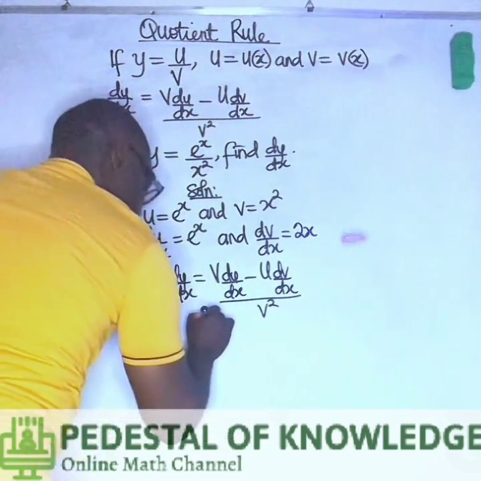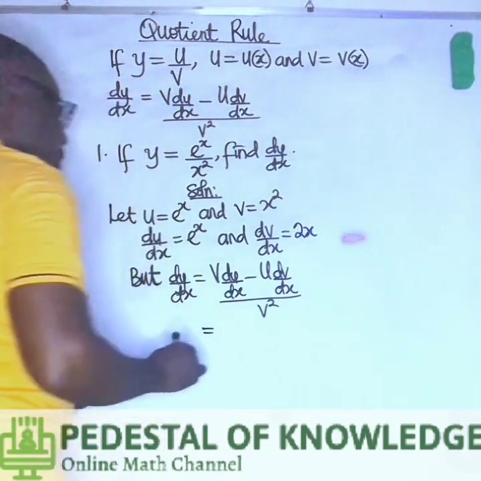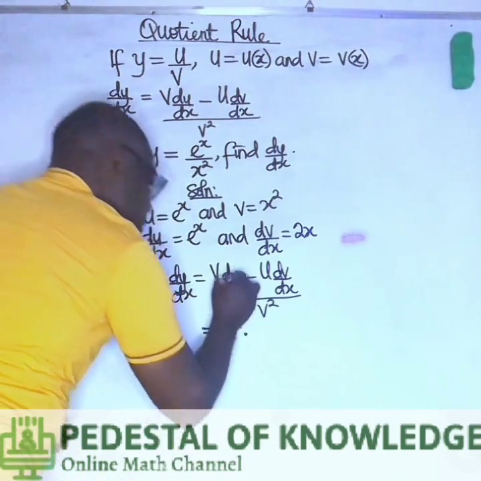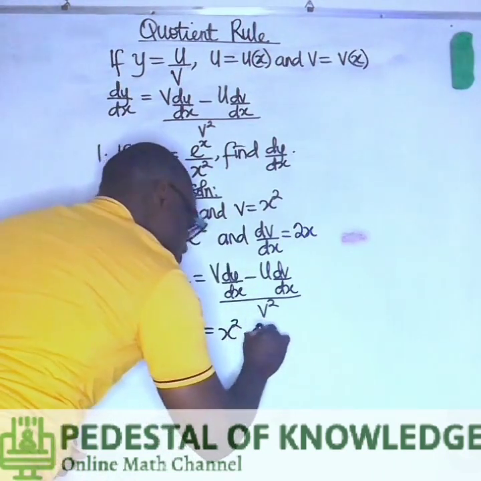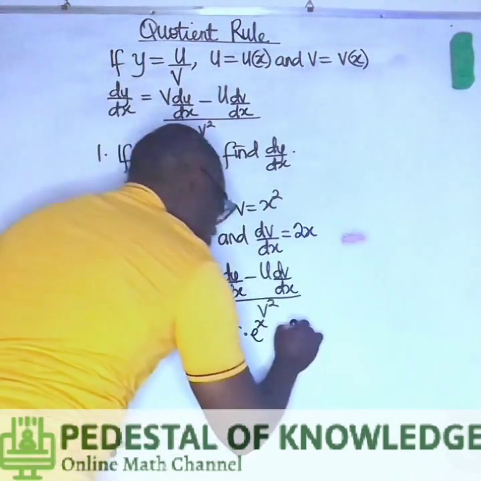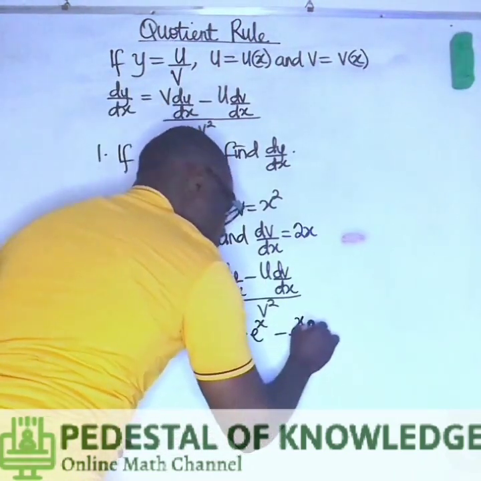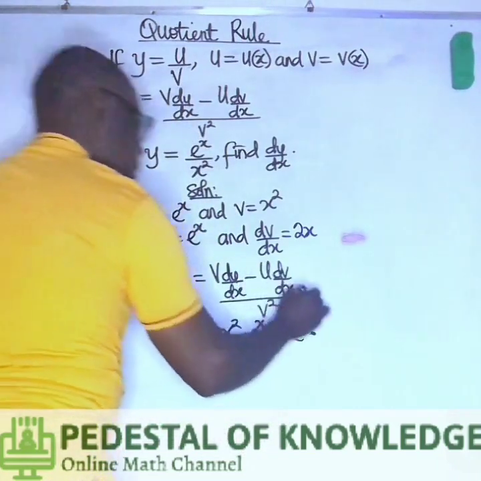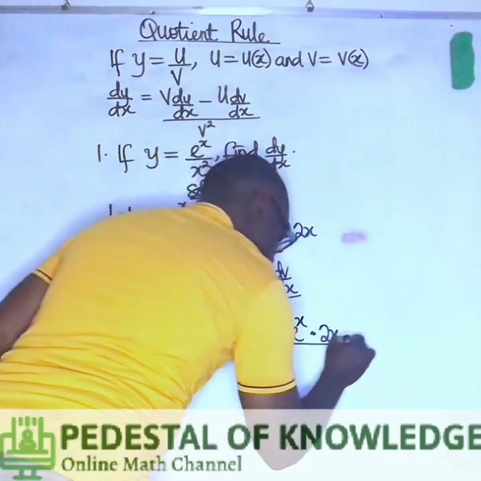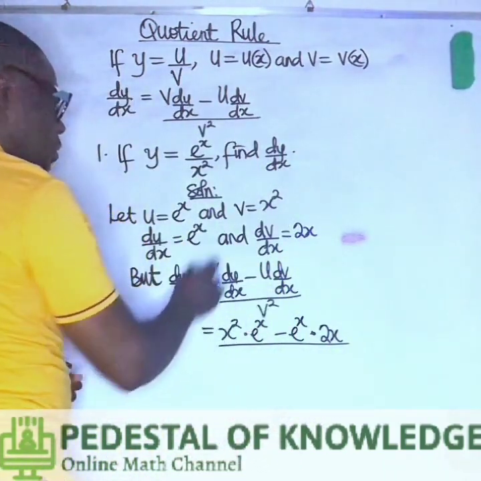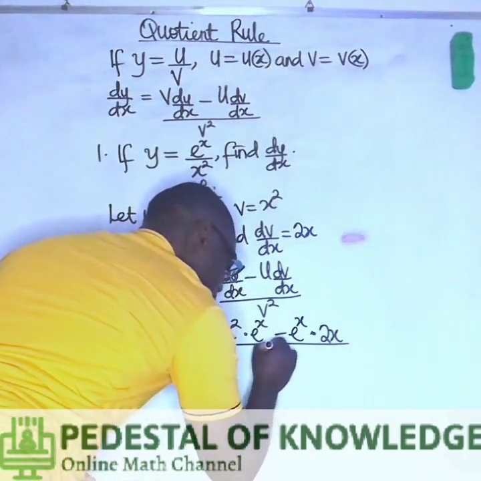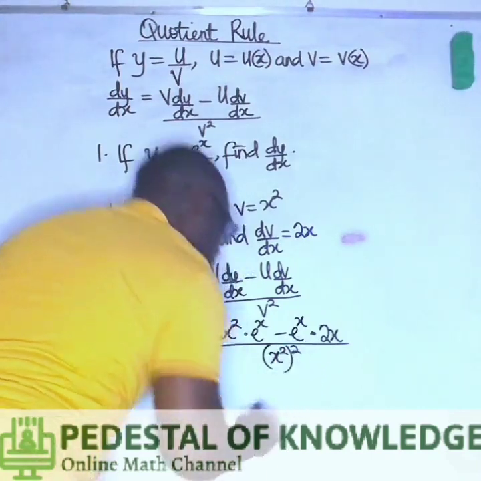So we now put the values there. This is equal to v, which is x squared, multiplied by du/dx, which is e to the x, minus u, which is e raised to power x, multiplied by dv/dx, which is 2x, then divided by v squared, and our v is x squared, so we have x squared all raised to power 2.